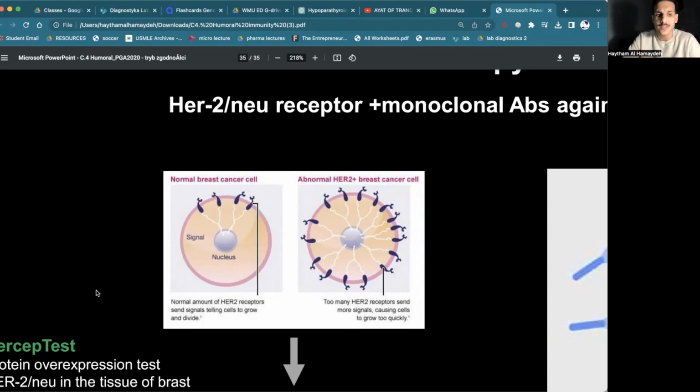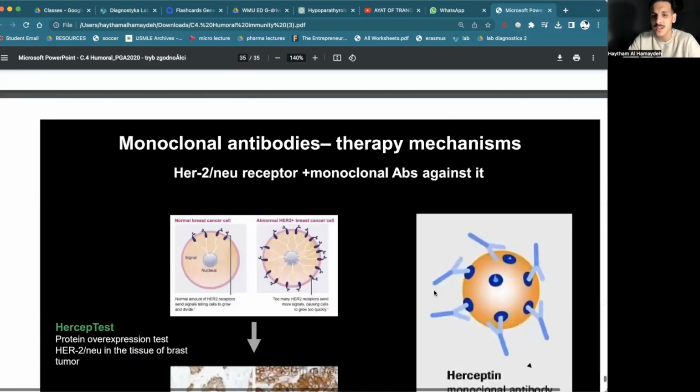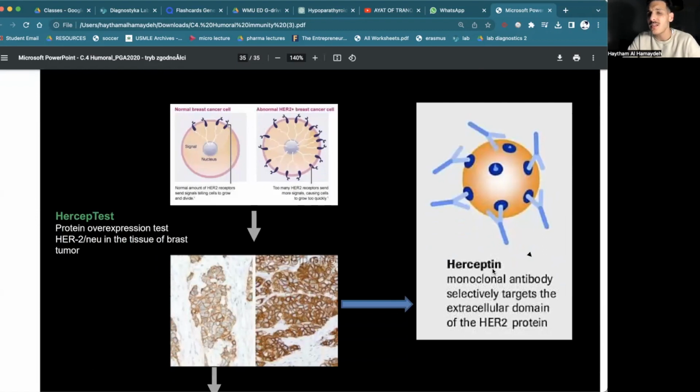There is a test called the HercepTest, and it uses Herceptin antibodies. Herceptin antibodies help us detect the overexpression of HER2 receptors that cause an over-proliferation signal for the breast cells, causing them to be cancerous.